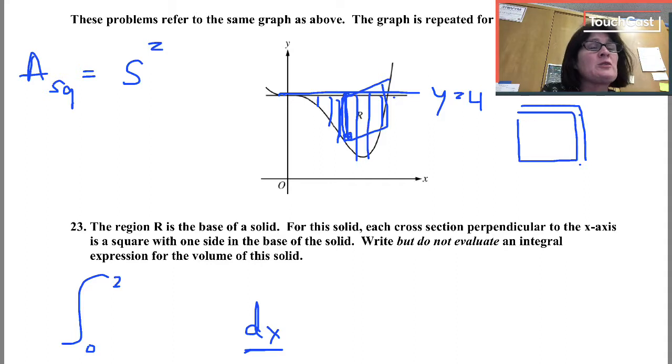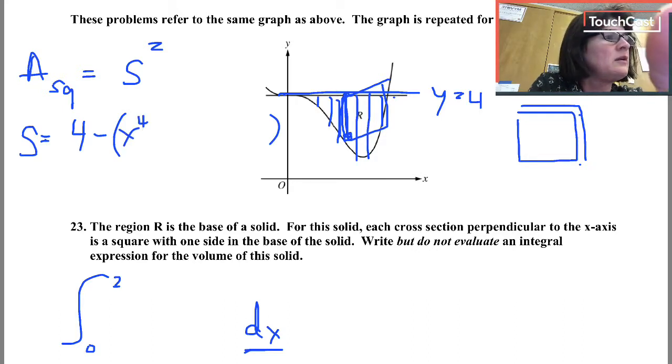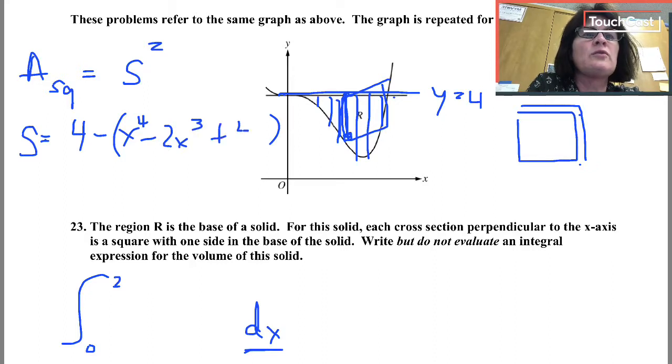So I'm going to write an expression for the side of the square. That's going to be 4, the top y, minus this other guy, which was x to the fourth minus 2x cubed plus 4. So now, what do I need here?